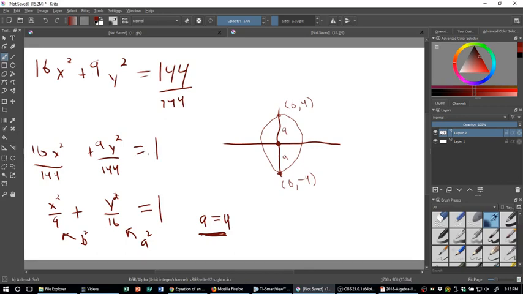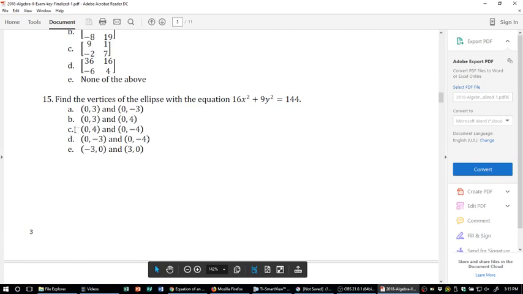You need to know that it's equal to 1. It has to be equal to 1, so since this equals 144, that was a step. You have to know where the bigger denominator is, what that means about the shape of it, to know where the vertices are at 0, 4, 0, -4, or they could have just as easily been at 4, 0, or -4, 0. So therefore, question 15 has to be choice C.